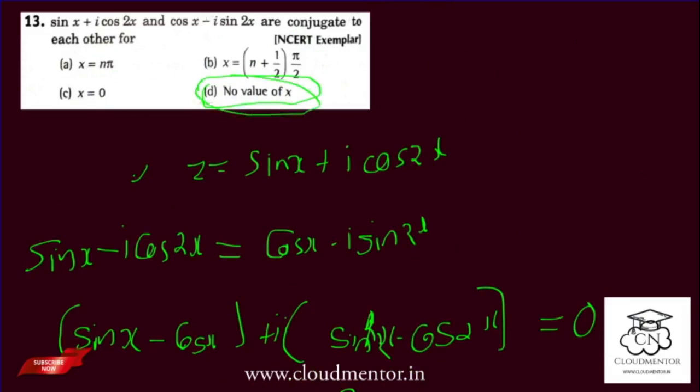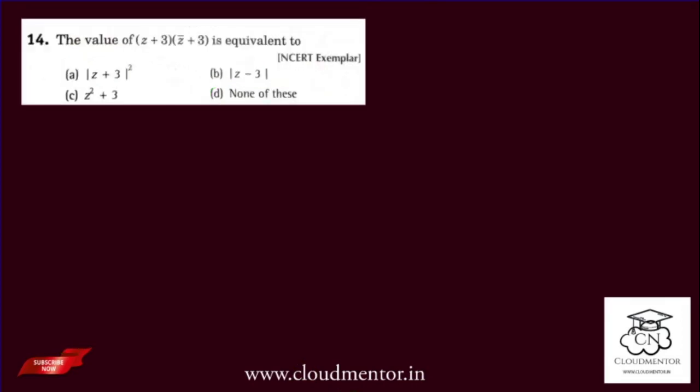Moving to the next question. In this question, the value of z plus 3 multiplied by z bar plus 3 is equivalent to dash.